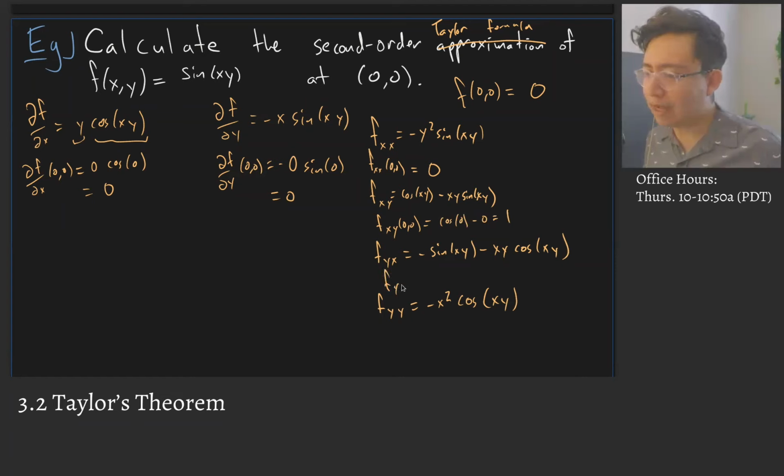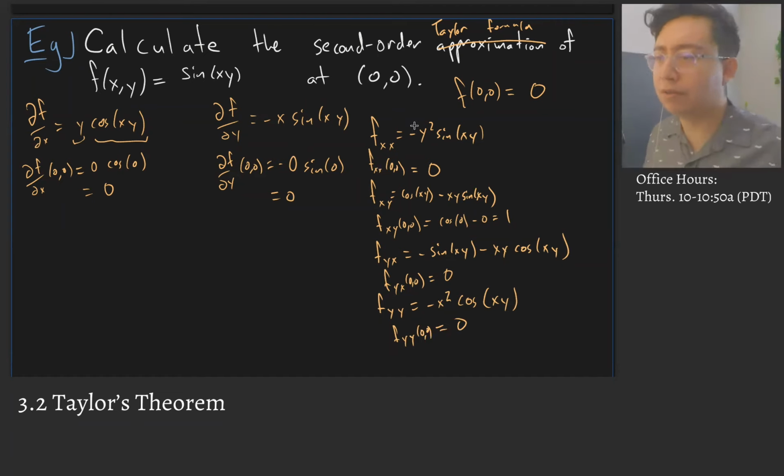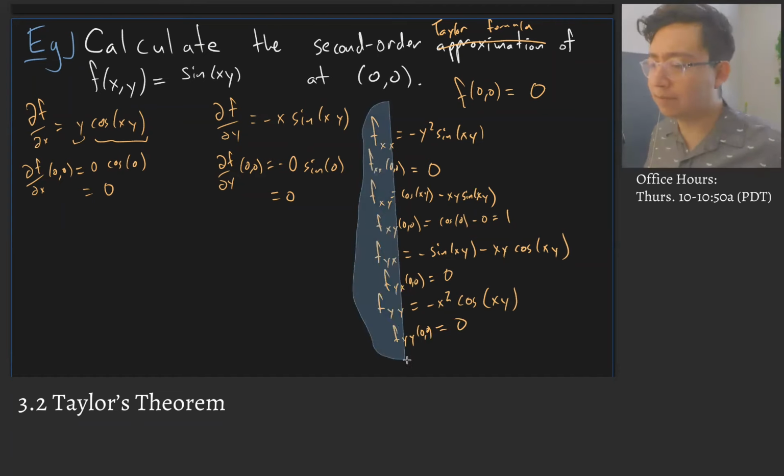And fyx at 0, 0 is going to be sine of 0 times something, or minus 0 times something. So this is all going to be 0. And then f of yy at 0, 0. There's a negative x squared here, so this is going to be 0. So a lot of zeros in this problem. I'm probably going to do another example where we actually get something here.